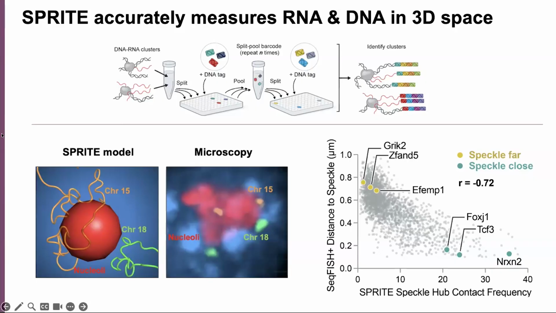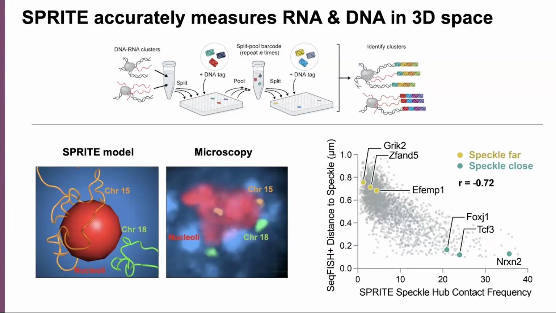And so this is an example of a 3D model we can build from our SPRITE data. This highlights on the left certain DNA regions that are organized around a well-known nuclear structure called the nucleolus. And what you can hopefully see on the right is that we can observe these same DNA regions organizing around the same nuclear structure using microscopy-based measurements.